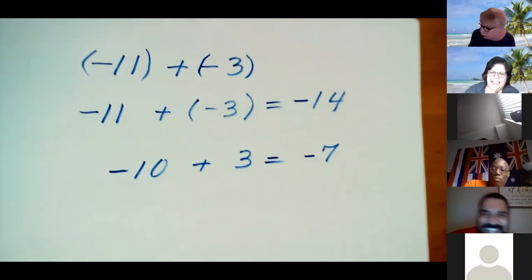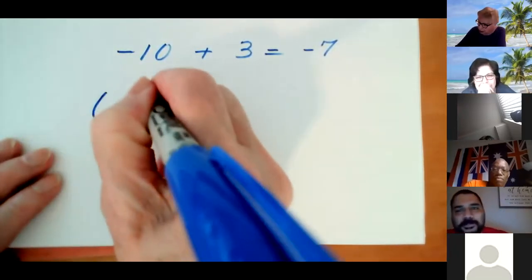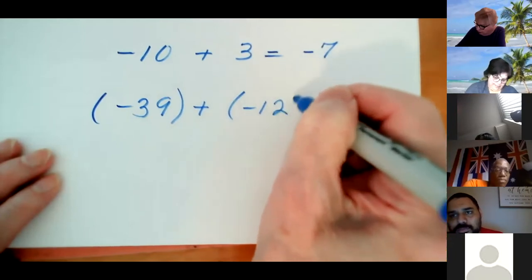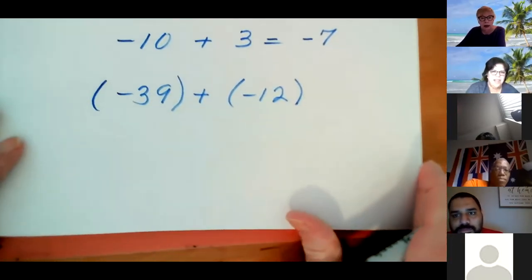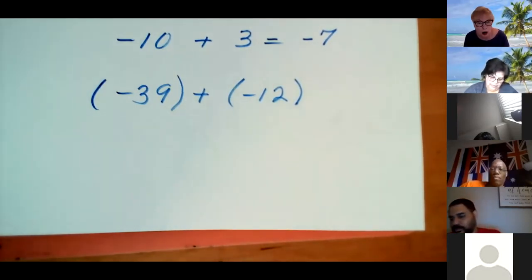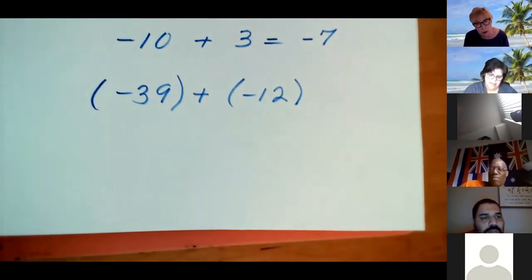All right. So let me just up the ante. Once the numbers get large, I'm not going to mark off 39 spots, am I? No. So I've got to rely on the rules.